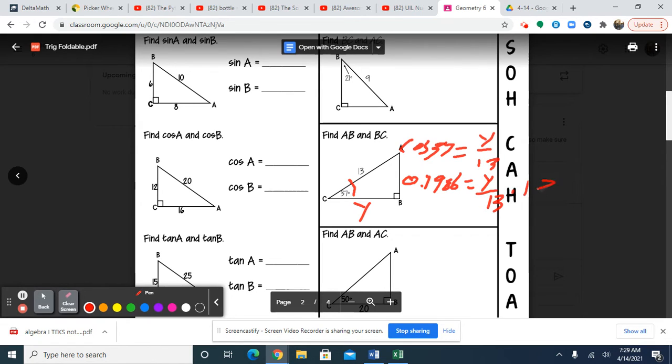Again, we multiply both sides by 13. So Y is going to be equal to 0.7986 times 13, which is 10.38. So AB is 7.82 and BC is going to be 10.38.